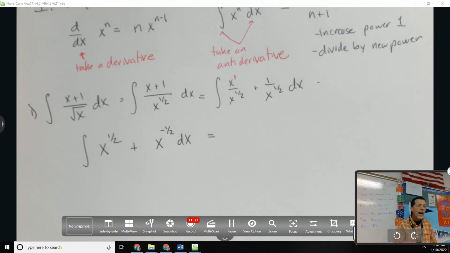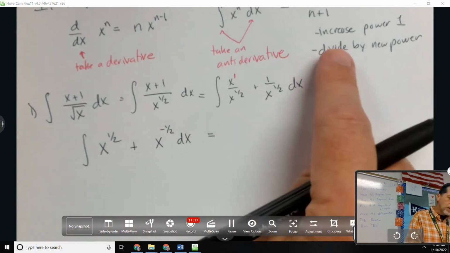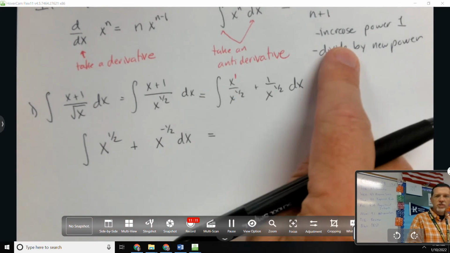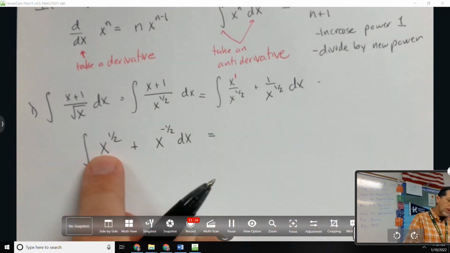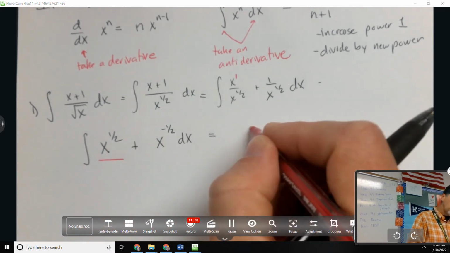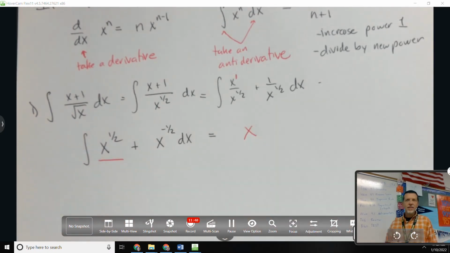Okay, now I'm ready to do the calculus. The algebra part's over. So the rule is increase the power by 1, divide by the new power. I got fractions, but the rule's still the same. So if I increase 1/2 by 1, what do I get? I start with a half, I add 1 to it, I get 3/2.